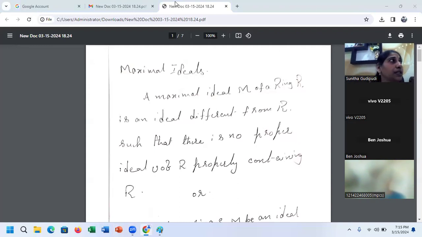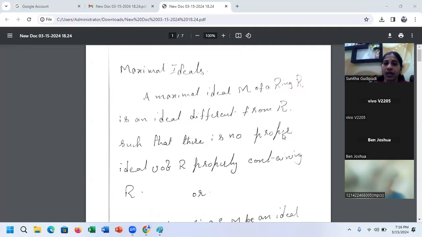Now, what is a maximal ideal is the question. When do we say an ideal is the maximal ideal? If it itself is the biggest ideal contained in the ring. What do we mean by the biggest ideal? It means there shouldn't be any other ideal which is larger than that one.